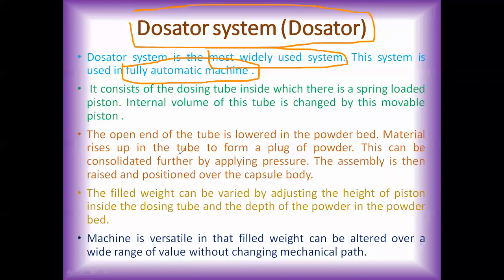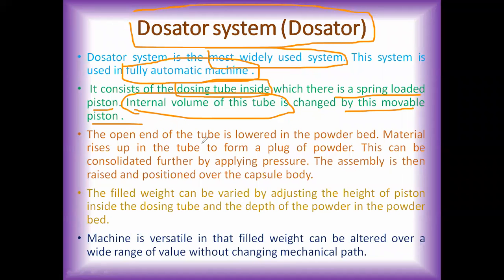Now this dosator consists of a dosing tube inside which there is a spring-loaded piston. The internal volume of the tube is changed by the movable piston.